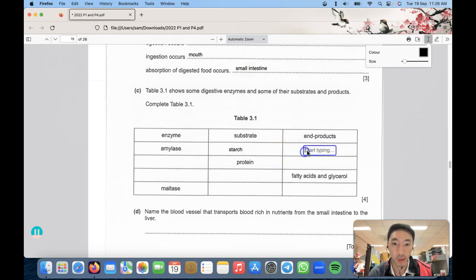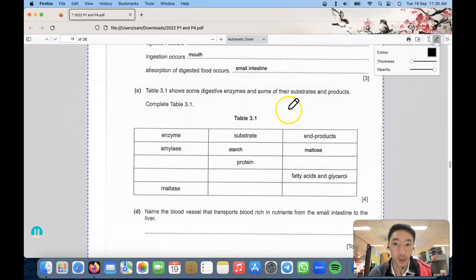The end product will be maltose. Starch is a long chain of individual glucose molecules, but the amylase works on pairs. That means you cut this into pairs. So a pair of glucose is known as maltose, and by itself it is glucose.